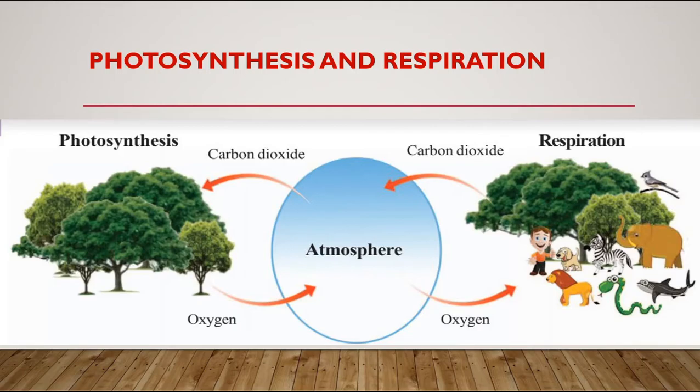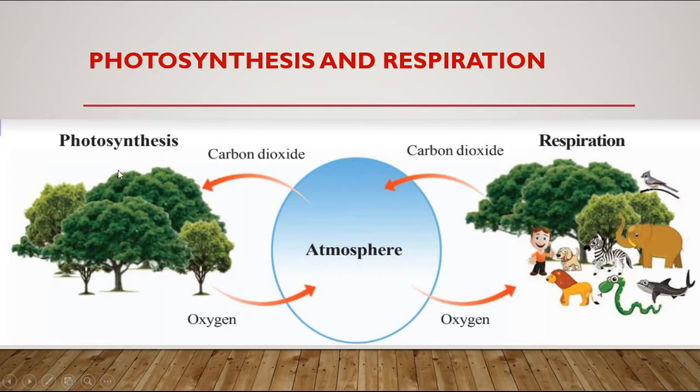So you know that plants use carbon dioxide for photosynthesis and they give out oxygen to atmosphere. And this oxygen is used by humans and animals for respiration and they give out carbon dioxide. Again, this carbon dioxide is used by plants for photosynthesis. Did you understand?